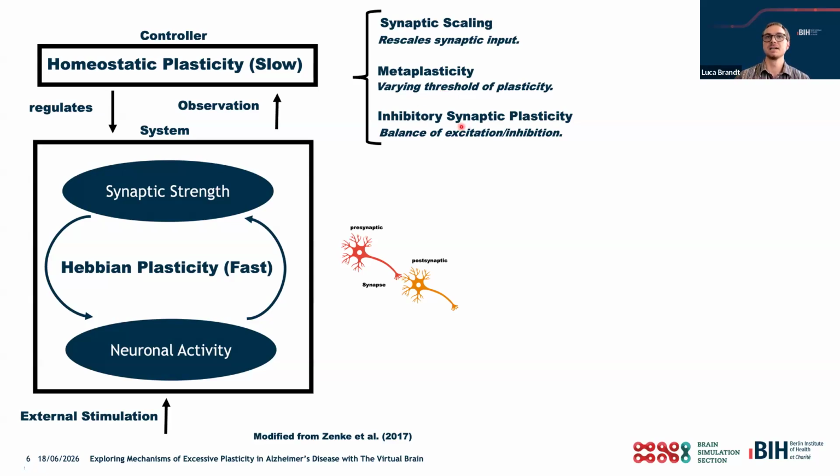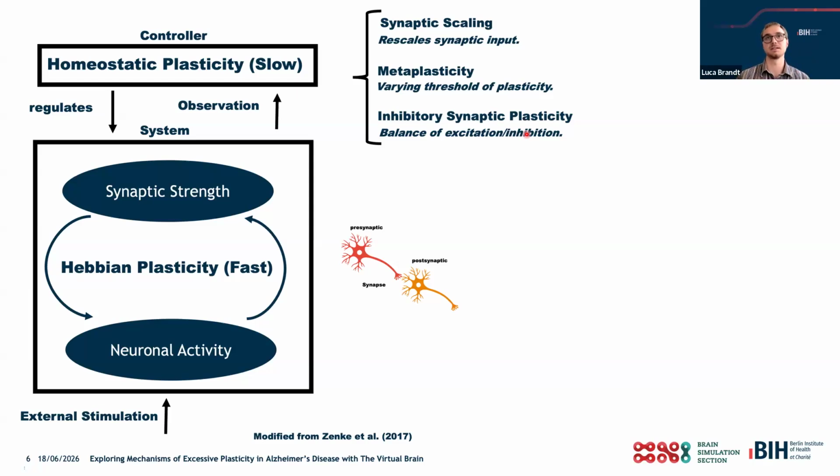And then finally, inhibitory synaptic plasticity, which is responsible for balancing the excitation inhibition balance in the network. And it's a similar mechanism of what Micha presented to you earlier. So if there's overexcitation, the inhibitory neurons get more active as a response of that.